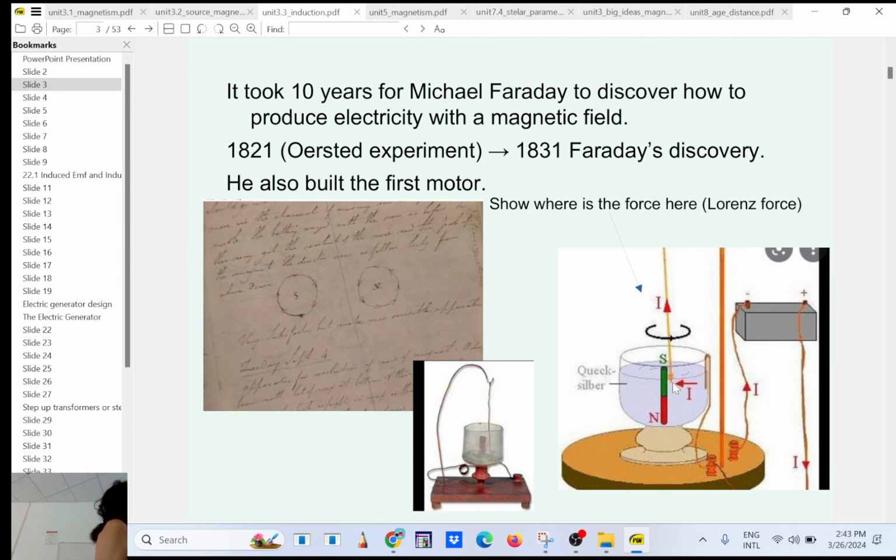You have the current flowing this way, going this way, magnetic field is up, so the force will be into the board, right? You see that? The current is flowing this way, magnetic field is up, the force will be into the board. So it will apply a torque to the wire.